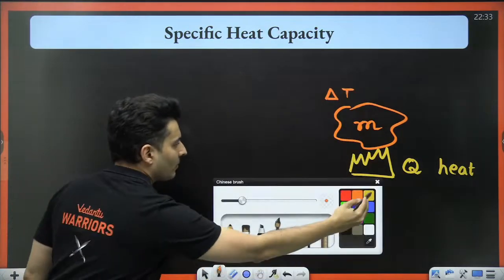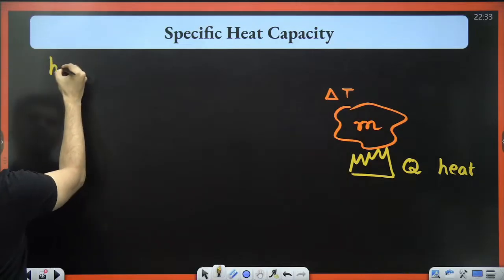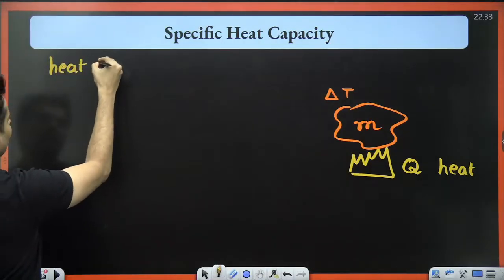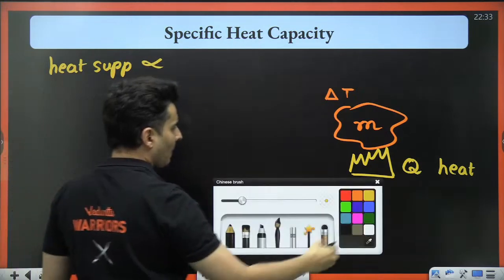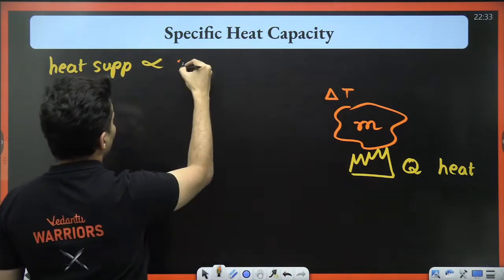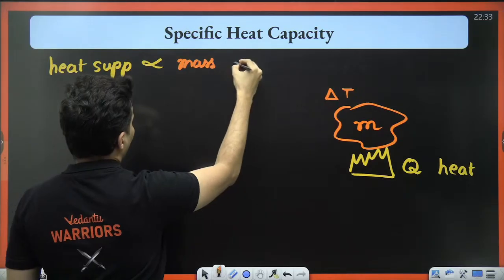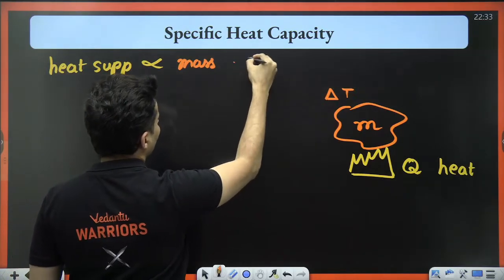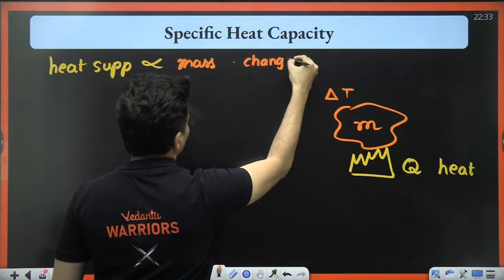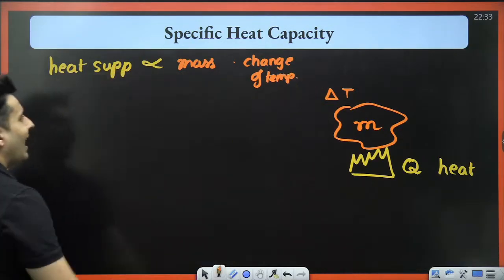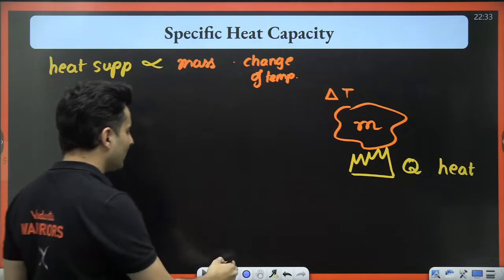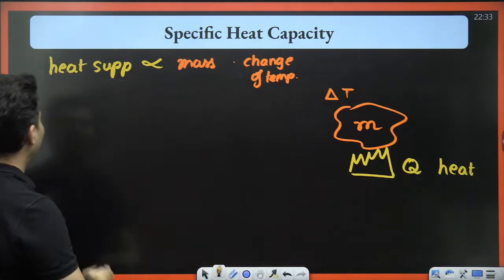Because of that, the temperature of the body changes by delta T. You will see that the heat supplied to a body is directly proportional to the mass of the body and also the change of the temperature. I don't like this proportionality. I want a constant. So I'll put up a constant, no worries.